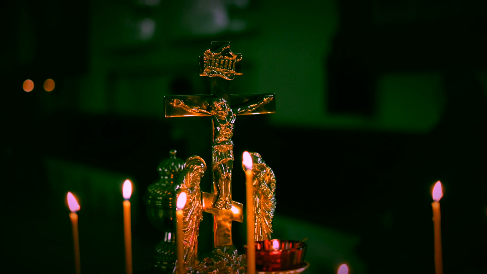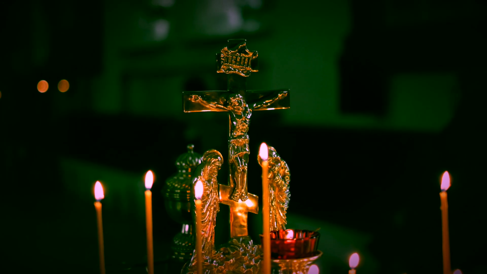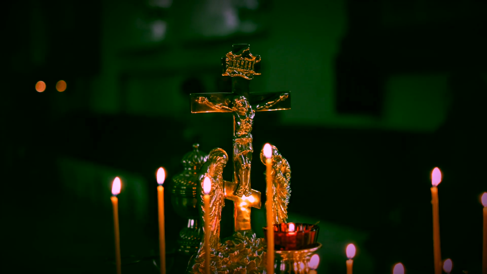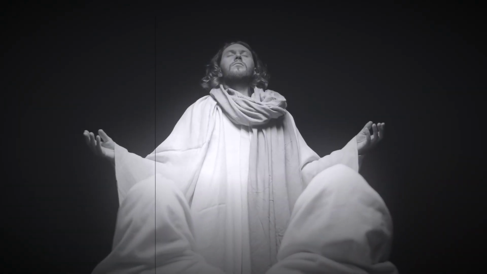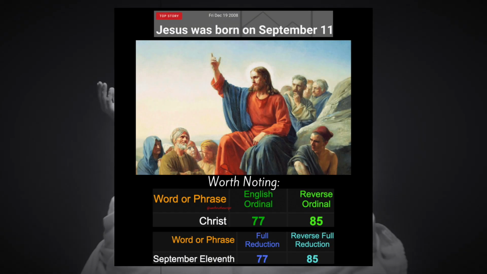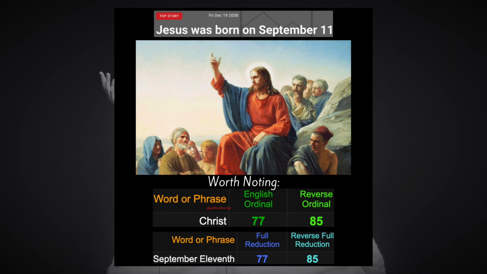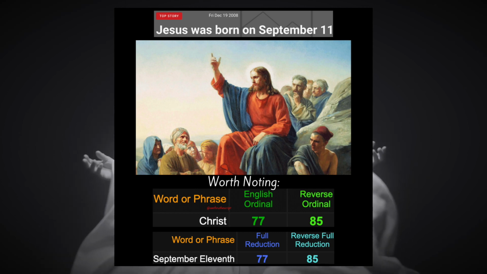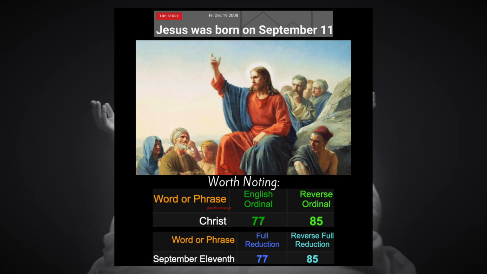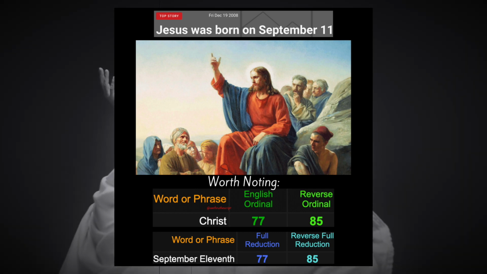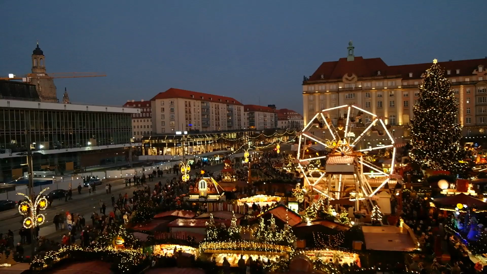I am literally just here to show the numerical coding behind all these interesting tidbits that they throw at us in this world. And as you could see, if it were the case that Jesus was born on September 11th, you could see in Gematria, Christ and September 11th, when written out in words, in the 4 base ciphers have a 2-for-2 match, being 77 and 85.